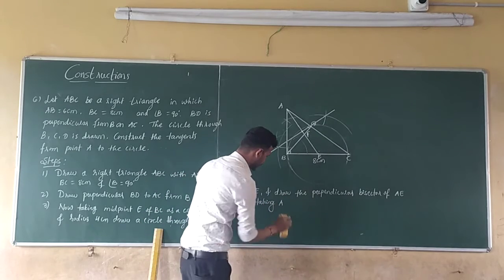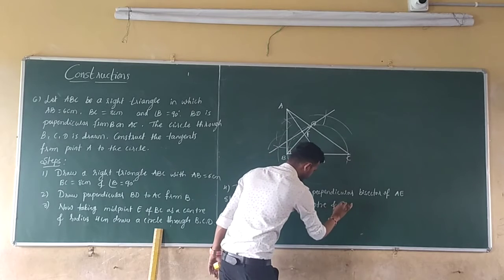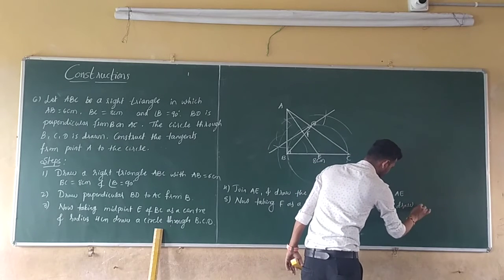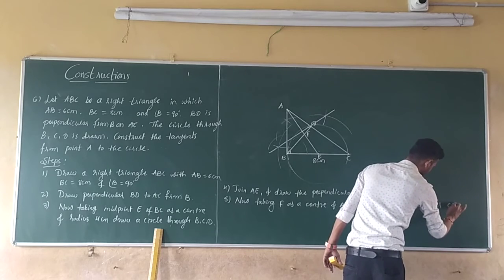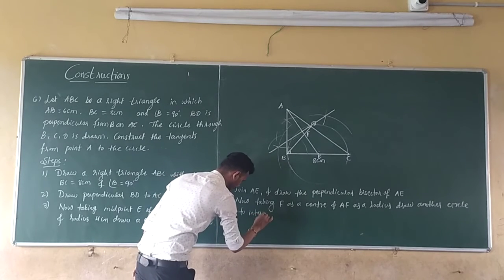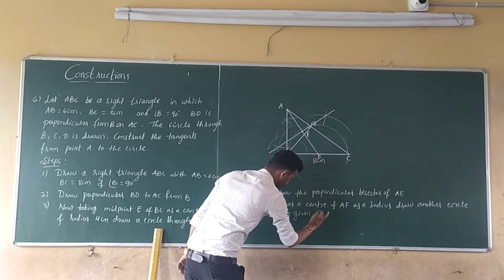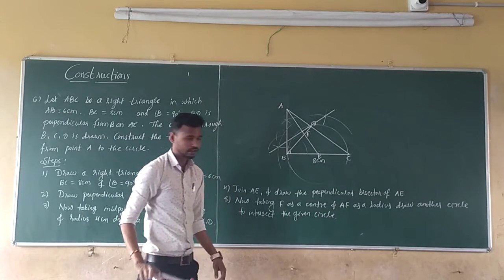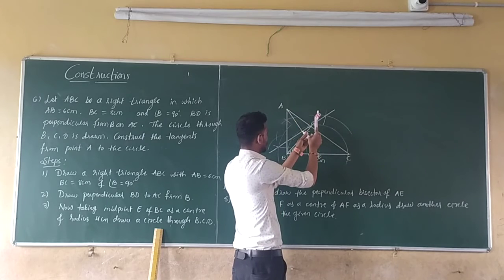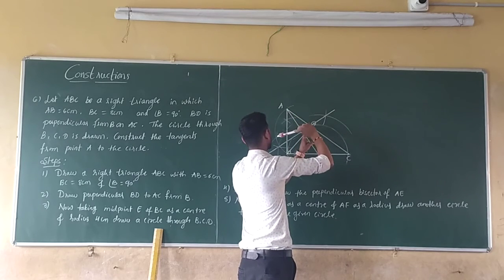And the fifth step is, taking F as a center and AF as a radius, draw another circle to intersect the given circle.